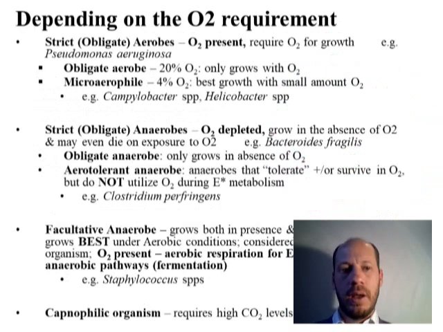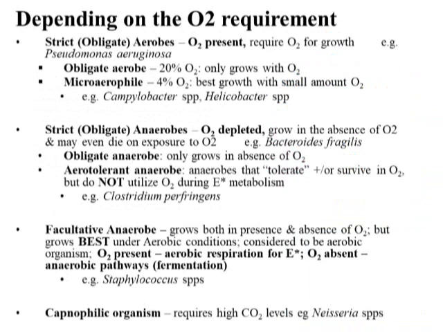So if we come back to that classification of how the microbes deal with and tolerate or need different atmospheric requirements or O2 requirements, you will have the aerobes here first, the strict aerobes. They need O2 in that medium, otherwise they will not survive.